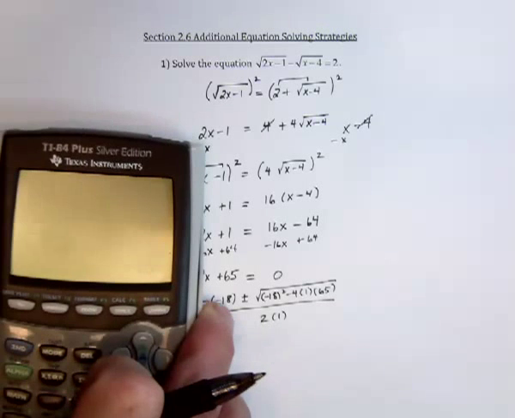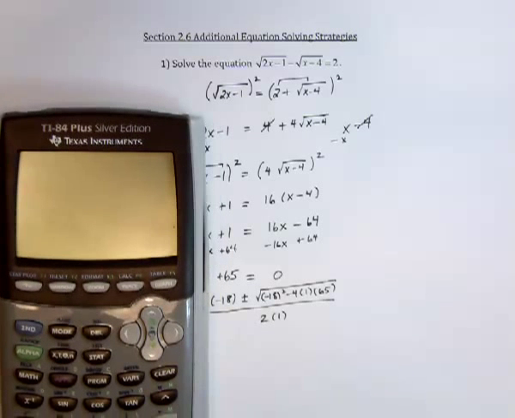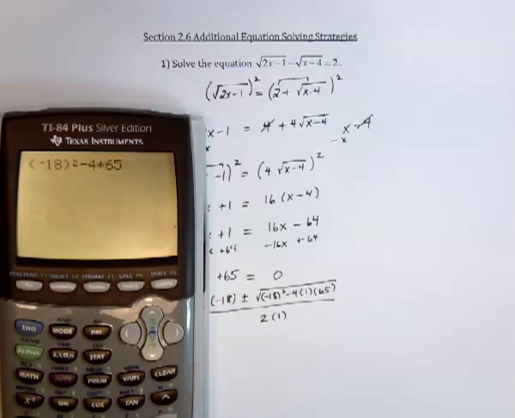And let's see, inside the radical there is negative 18 squared minus 4 times 65. That's 64.